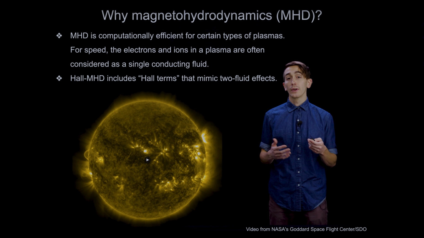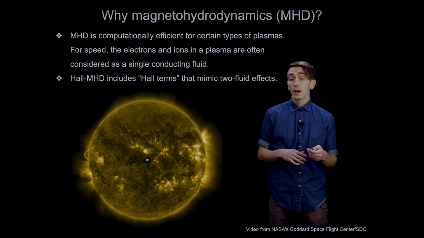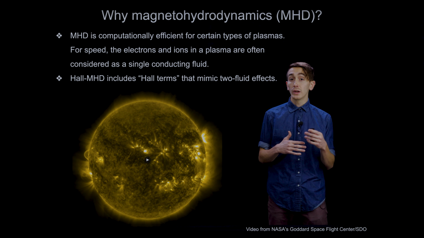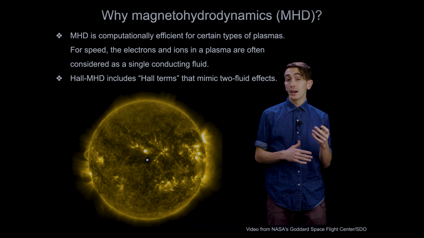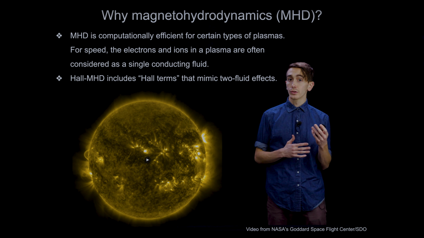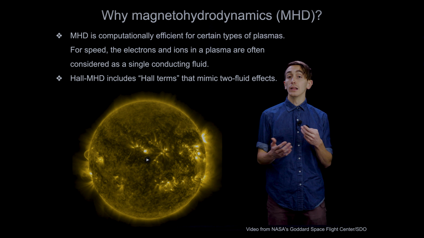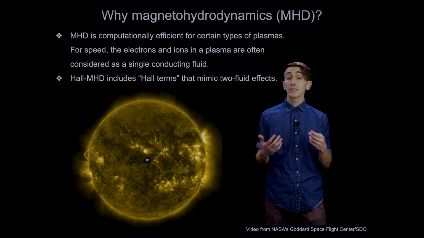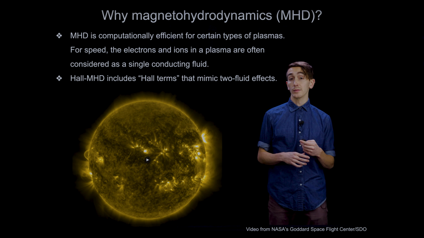These two-fluid effects we think are important for HIT-SI because two-fluid effects matter between the ion inertial scale and the electron inertial scale. On HIT-SI, the ion inertial scale is about 8 centimeters, and the electron inertial scale is less than a centimeter. So in this few-centimeter spatial scale range, we expect these two-fluid effects to be important for the plasma dynamics.